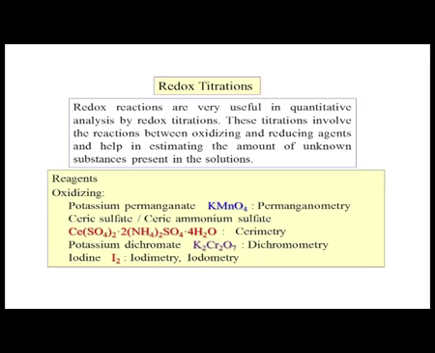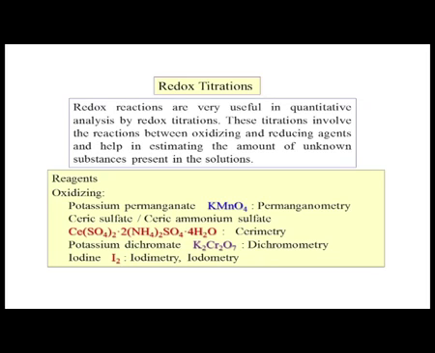The next stage of knowledge is how much chromium is present in that particular species. The amount present will be known by knowing the methodology where we analyze the sample quantitatively, and one such procedure is by doing redox titrations.